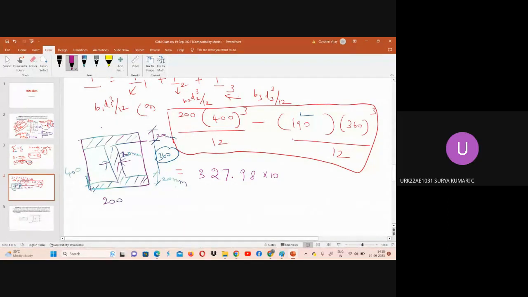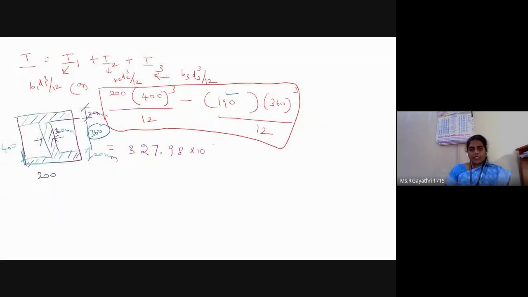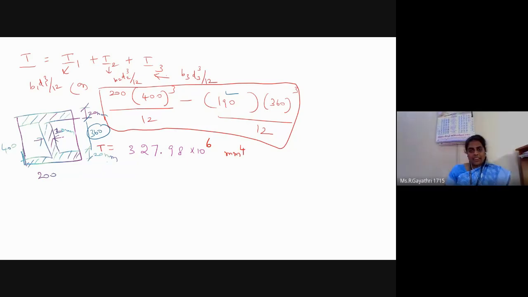Yes, ma'am. 327.98 into 10 power 6 mm power 4. This is the I value. Now we noted the I value and Y value.